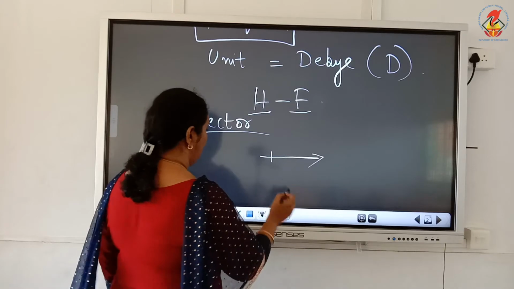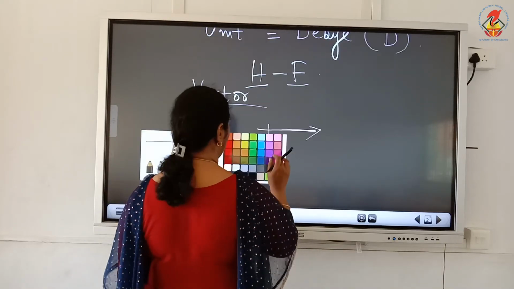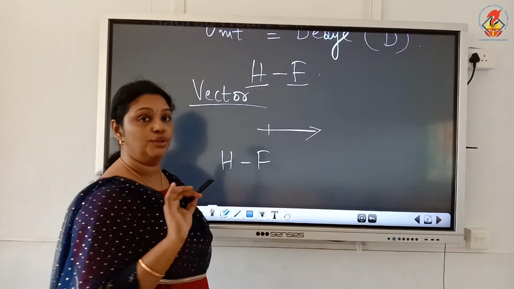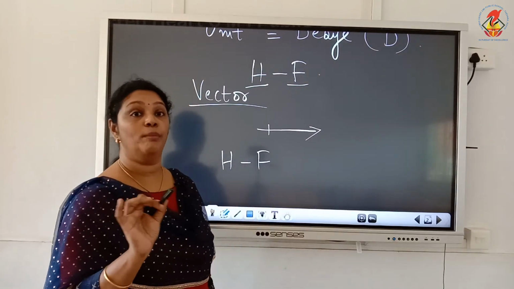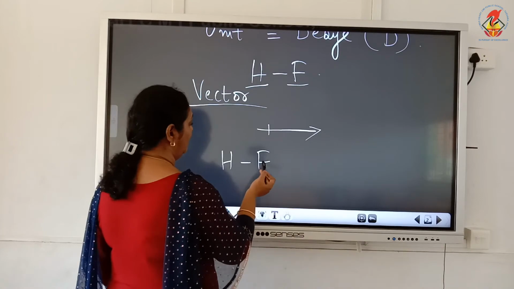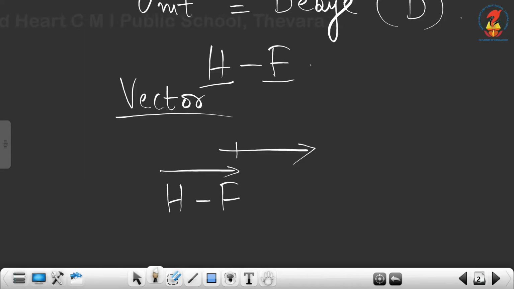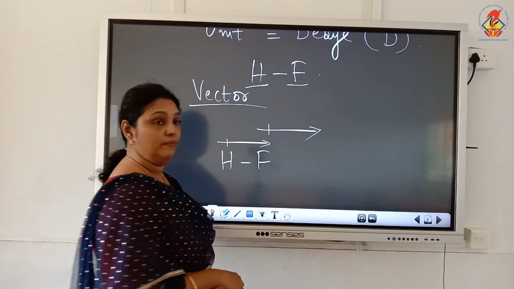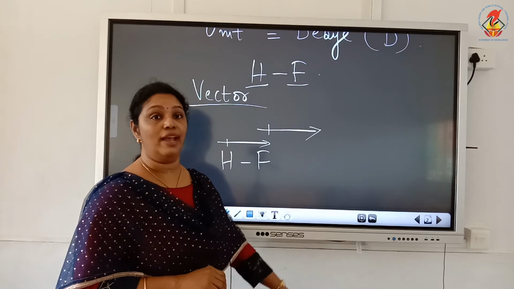For example, HF is a polar molecule. Fluorine is highly electronegative, so it's represented with an arrowhead pointing towards the more electronegative atom and a tail on the less electronegative atom.